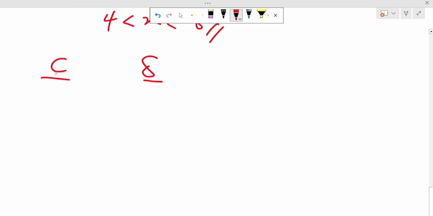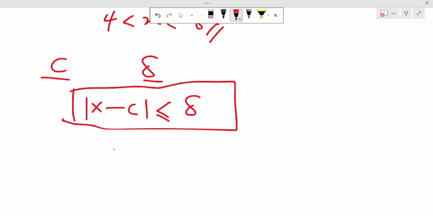So when we are given the midpoint and the radius, we can write it in this form: the absolute value of x minus c is less than or equal to the radius, depending on whether the interval is closed or open. Here I'm assuming that the interval is closed. This is going to give you the interval that we had the midpoint and the radius from.